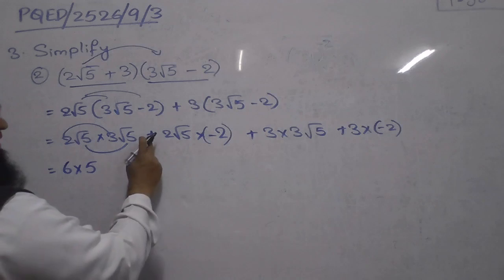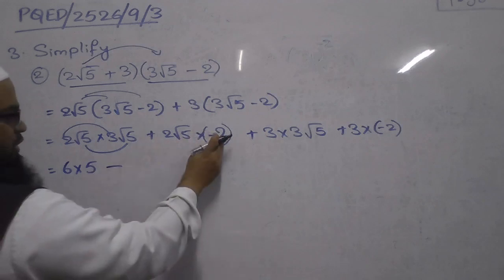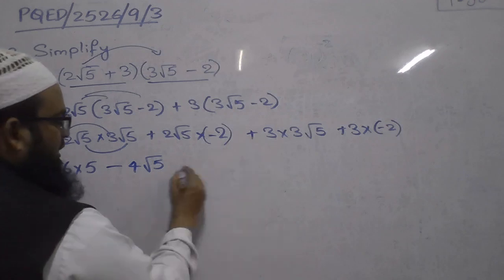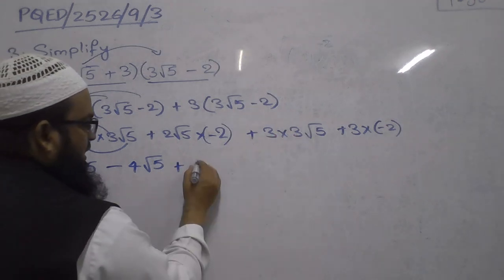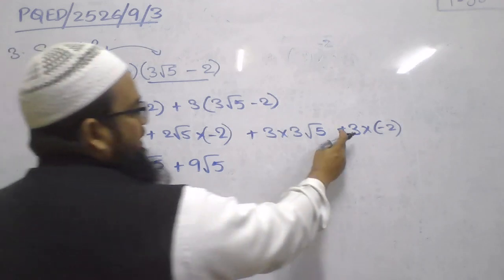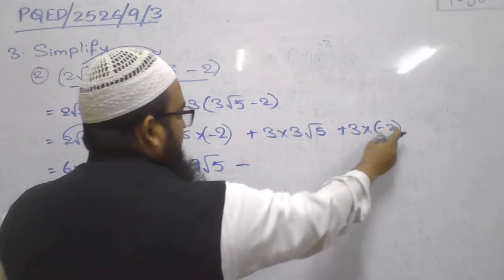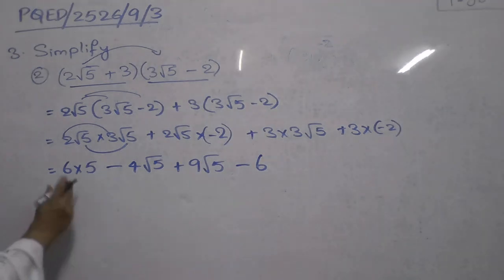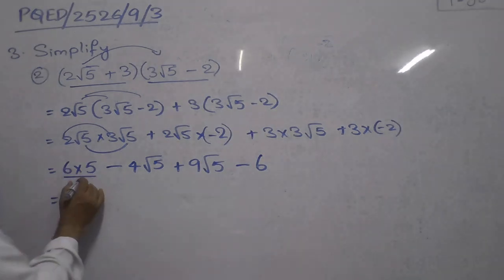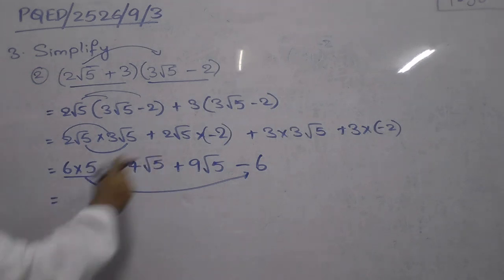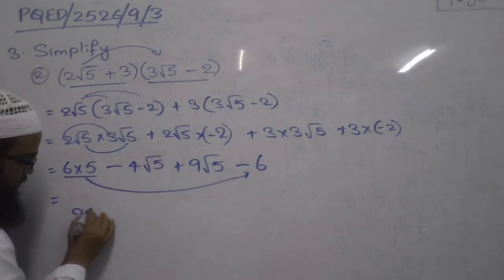And plus into minus, minus 2 2s are 4, so 4 root 5. After that, plus 3 3s are 9, 9 root 5. Plus into minus, minus 3 2s are 6. So what is that? 6 5s are 30. This is a whole part and this is also a whole part. So 30 minus 6, 24.